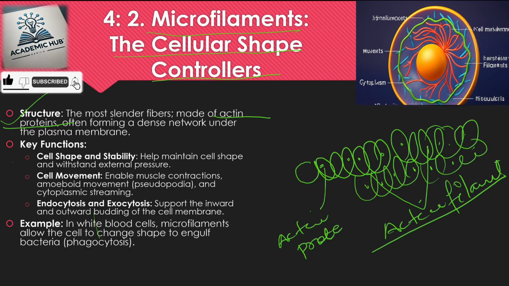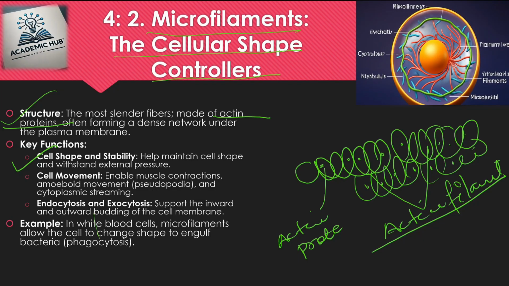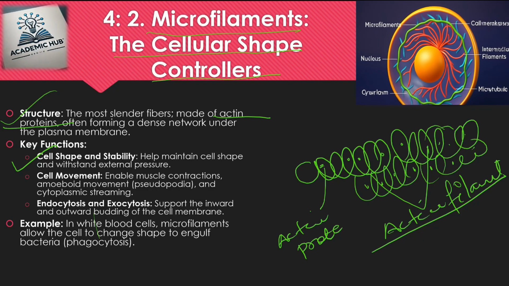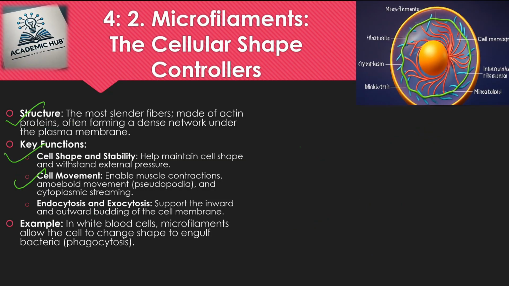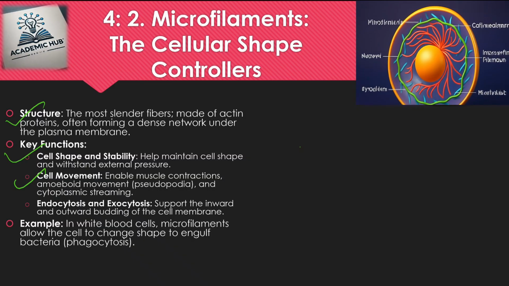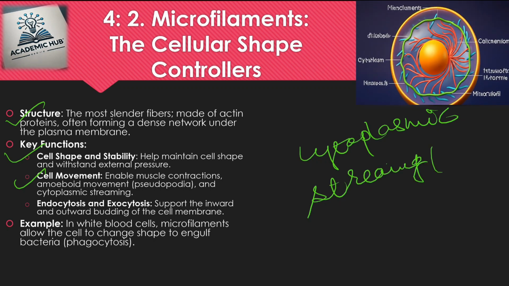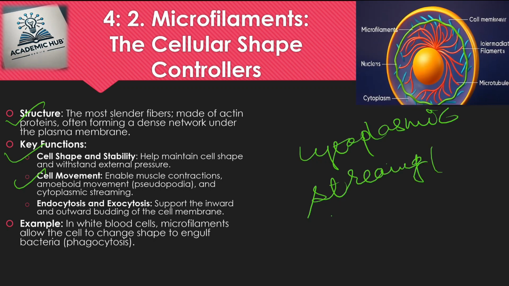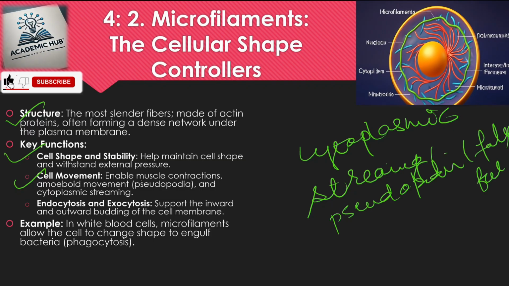Now the cell shape and stability. Microfilaments help maintain the cell shape and allow it to withstand external pressure. In cell movement, they enable cellular movement through cytoplasmic streaming, pseudopodia, meaning false feet, and muscle contraction.